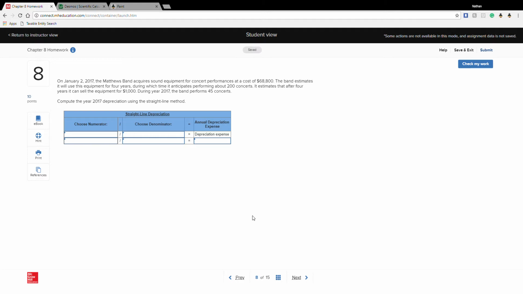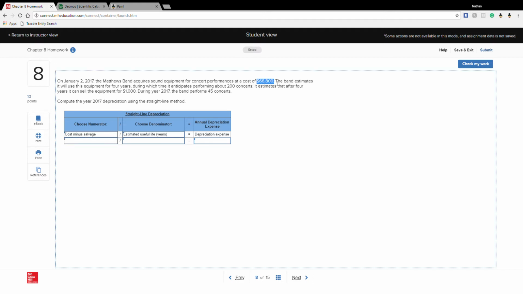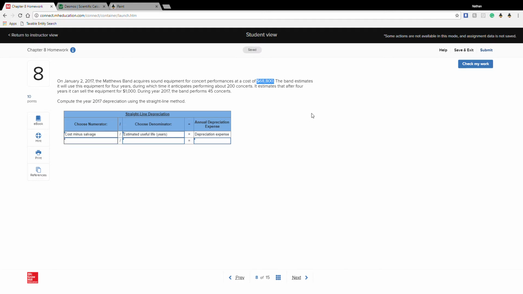Okay, so with straight line, it's going to be cost minus salvage divided by life. So for us, cost was $68,800. Let's see if they think that they can sell it later.